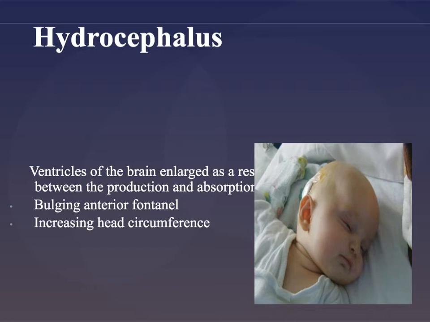So when I'm assessing my child with hydrocephalus, I'm going to be assessing and feeling their head, and I will be able to feel the bulging anterior fontanelle. I will be doing that head circumference, and I'm going to be seeing that it's increasing at an abnormally fast rate. And that results from increase in the cerebrospinal pressure.